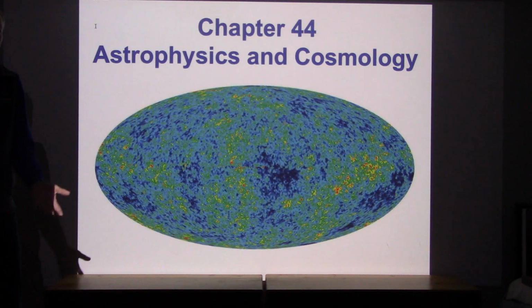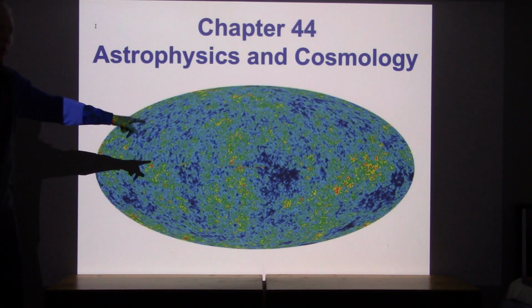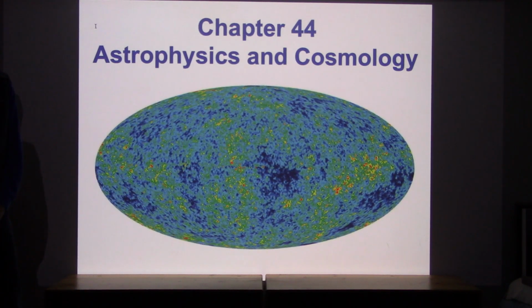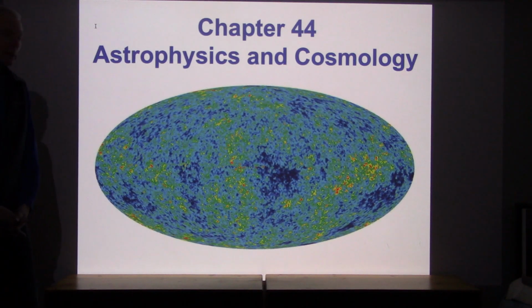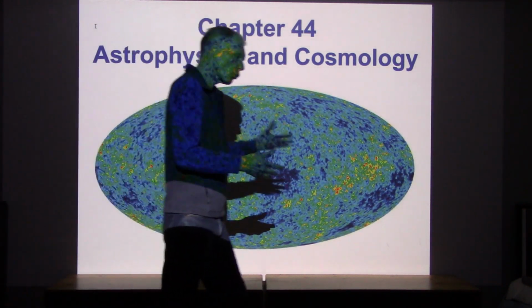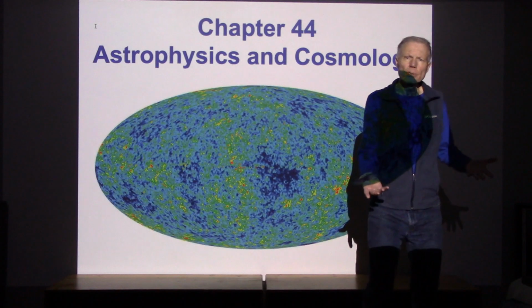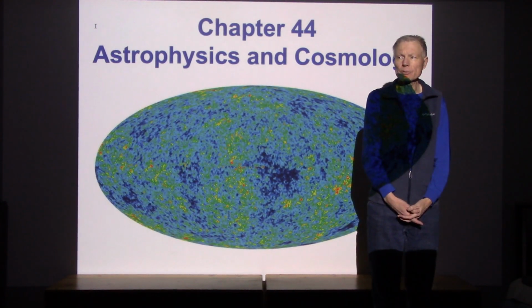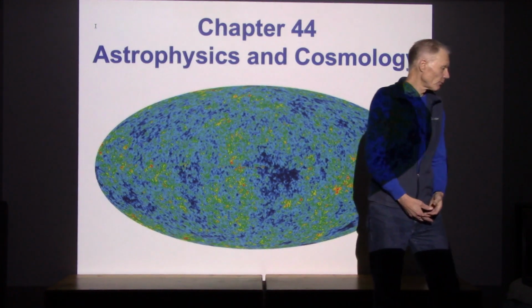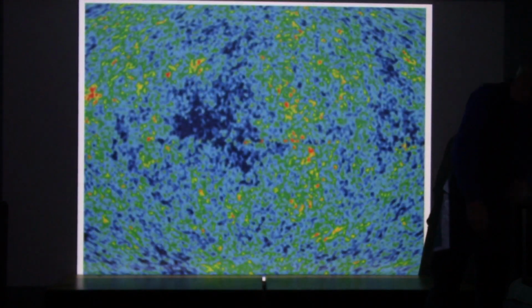When we looked at the Planck radiation distribution functions, this almost exactly matches that. You can see that there are just some slight variations in temperature, and those correspond to quantum fluctuations from the very earliest stages of what we understand as the development of the cosmos.